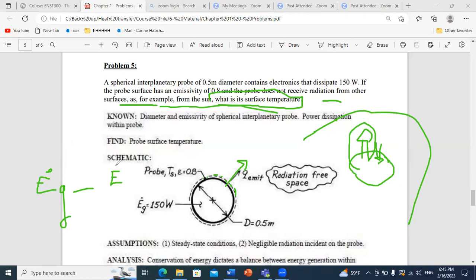Now, E dot generation is given, so you just have to express your E dot out, and since it's a flux of emitted radiation, then you can just replace it by epsilon times sigma. Can you tell me here what will be the area? What is the radiation area?